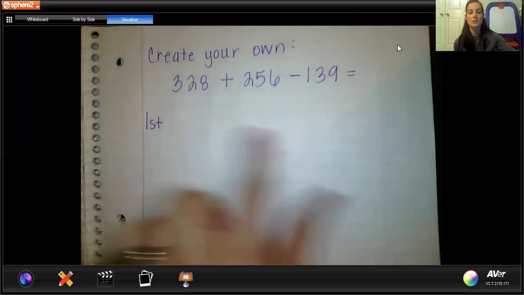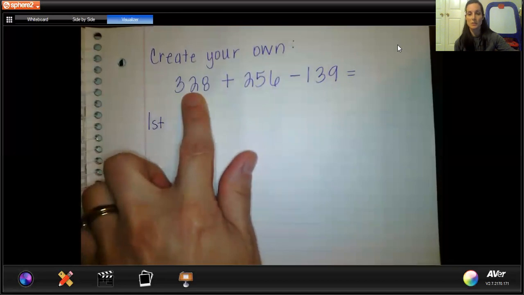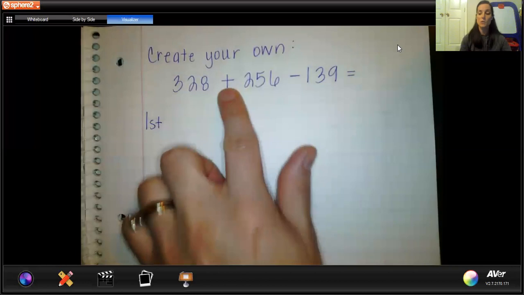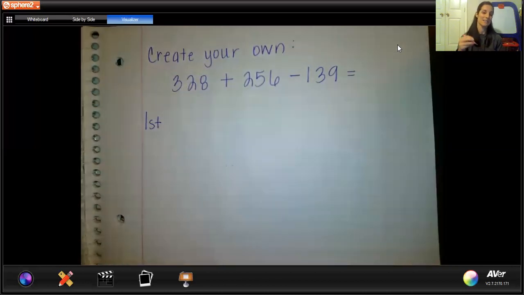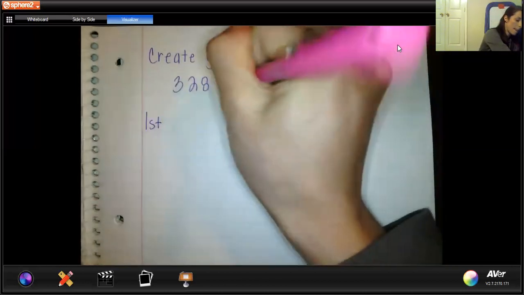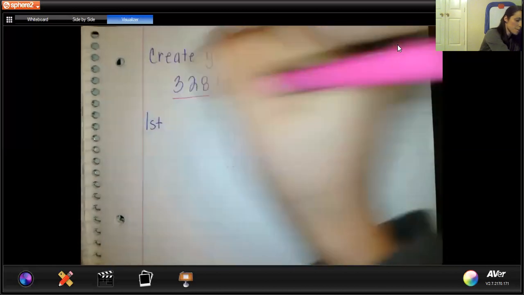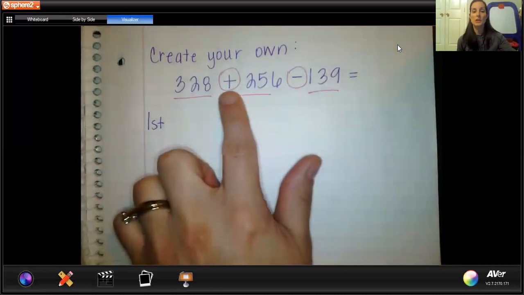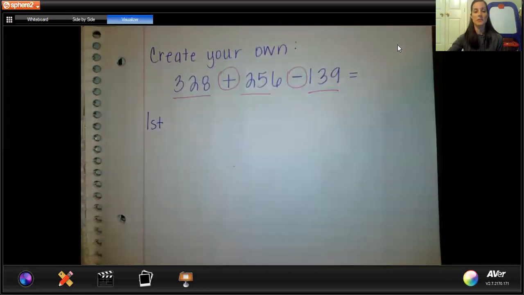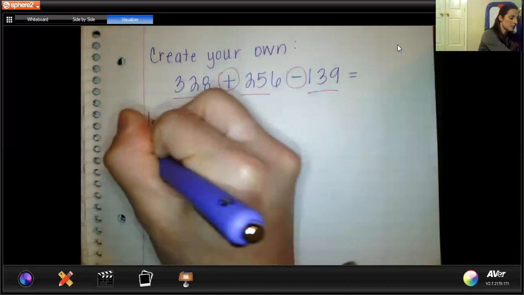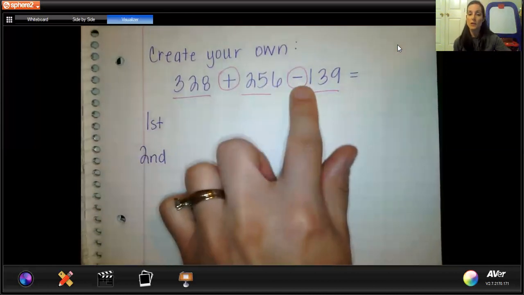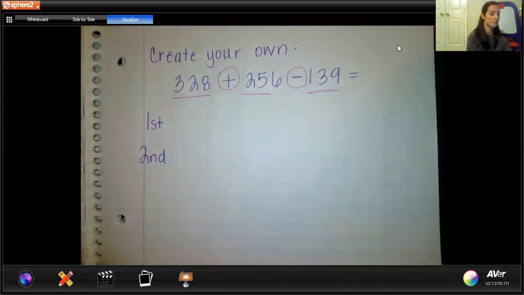Your first sentence should be using your first number. Now I want you to make sure that you are adding. Make sure that you're using language where you're going to add the 256. And then we are going to subtract.